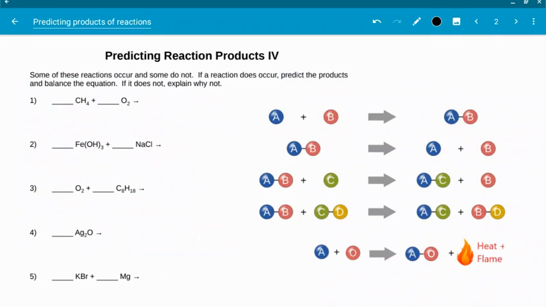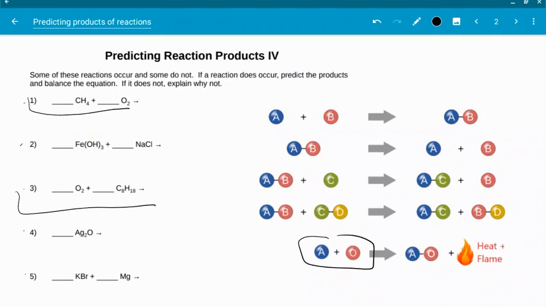Now, what do we do when we have a set of reactants or possible reactions to work? Like, how do we do the prediction of products? The first thing that we have to do is, like I said, identify what kind of reaction they're going to be. If we look at all the reactions, 1, 2, 3, 4, 5, we can see that number 1 and number 3 are very similar. They both are a combination of a hydrocarbon and oxygen.